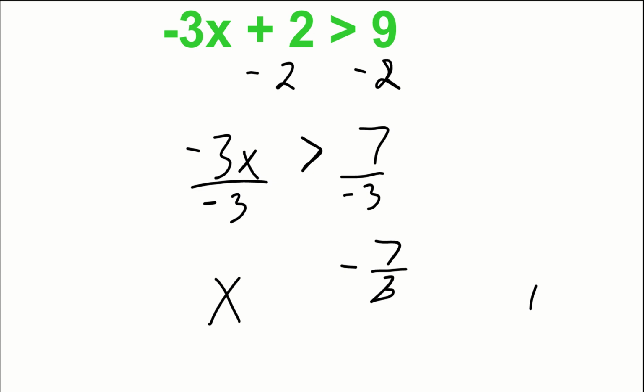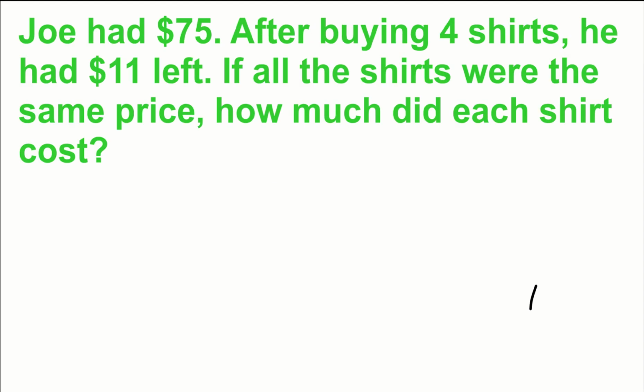You could put that as -2 1/3. But what you got to remember is when we divide by a negative, we got to flip that inequality sign around. So that's x is less than -7/3, or x is less than -2 1/3. Any questions on that one? So just careful when you divide by a negative, you gotta flip your inequality sign.